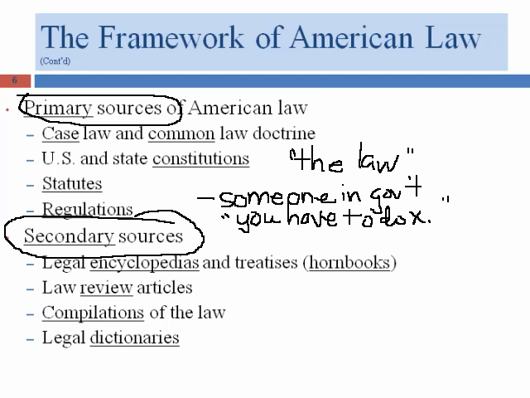A secondary source of law we really don't think of so much as the law. But for the purposes of this course and for really all legal courses, you will think of these as secondary sources of law. These sources are descriptions of the law. They are finding aids for finding the law.